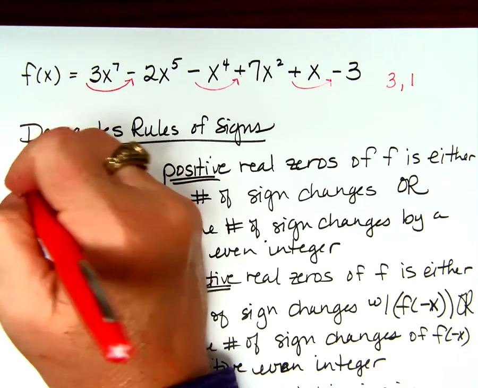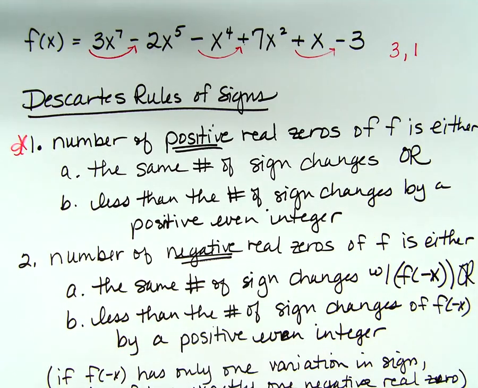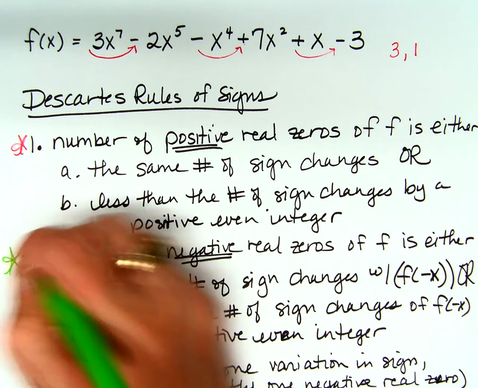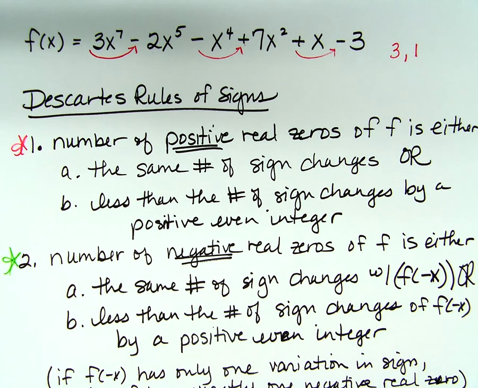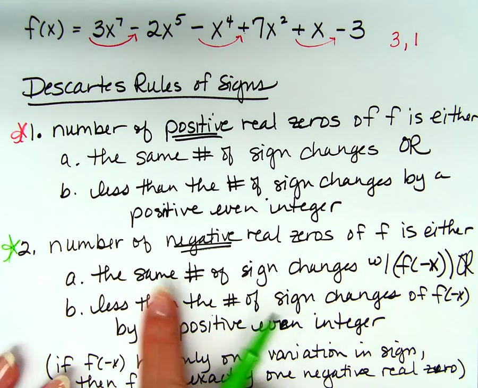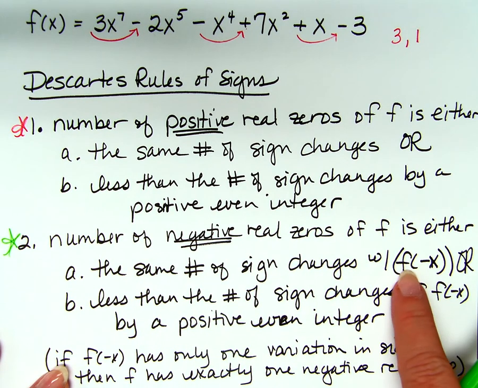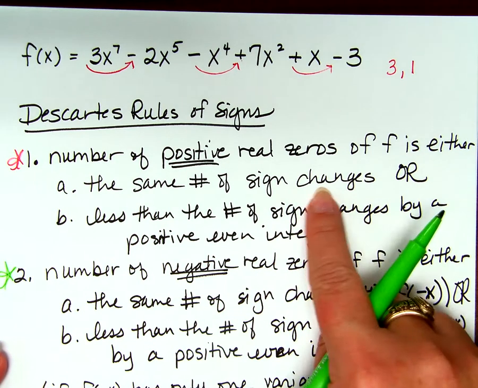So I don't know if you can tell colors very well, but I used red to talk about positive real zeros. I'm going to use green to talk about negative real zeros. So the number of negative real zeros of f is either the same number of sign changes when we have f of negative x. See how this is just f of x?